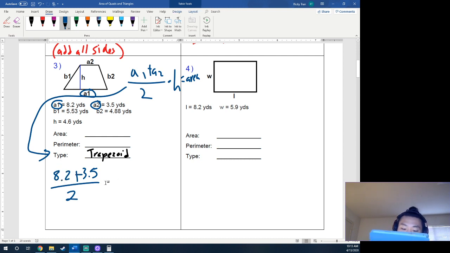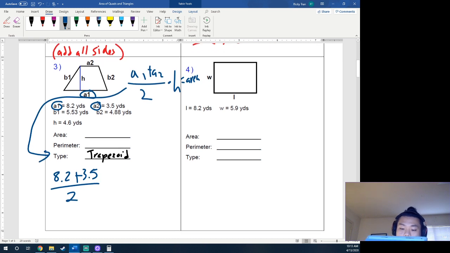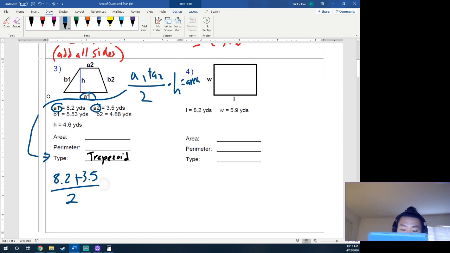Okay, we're going to multiply that by the height. Times the height, which is right here, 4.6, and that will equal the area.